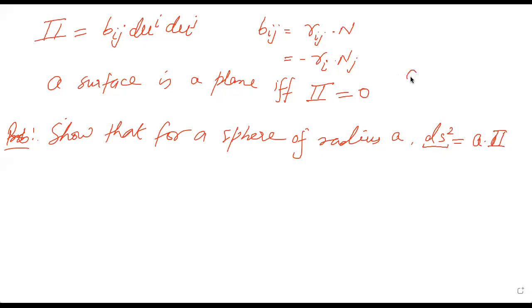What was ds² for you? ds² was g_ij du_i du_j. So that will tell you the relation between these, or you can say first is equal to a into second.